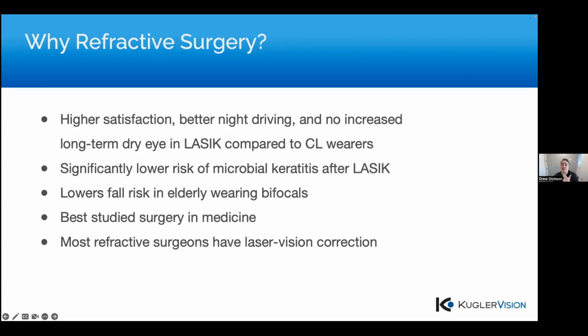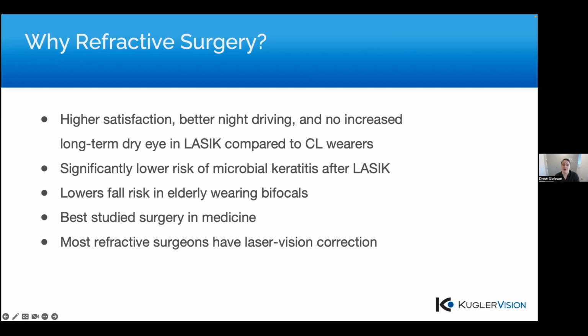You have significantly lower risk of microbial keratitis compared to being in contact lenses. There have been recent studies that show that elderly patients who need bifocals for presbyopia correction have a higher fall risk. At least in the United States, one-third of all falls are attributable to issues with bifocals and having that image jump and image displacement from the bifocals.